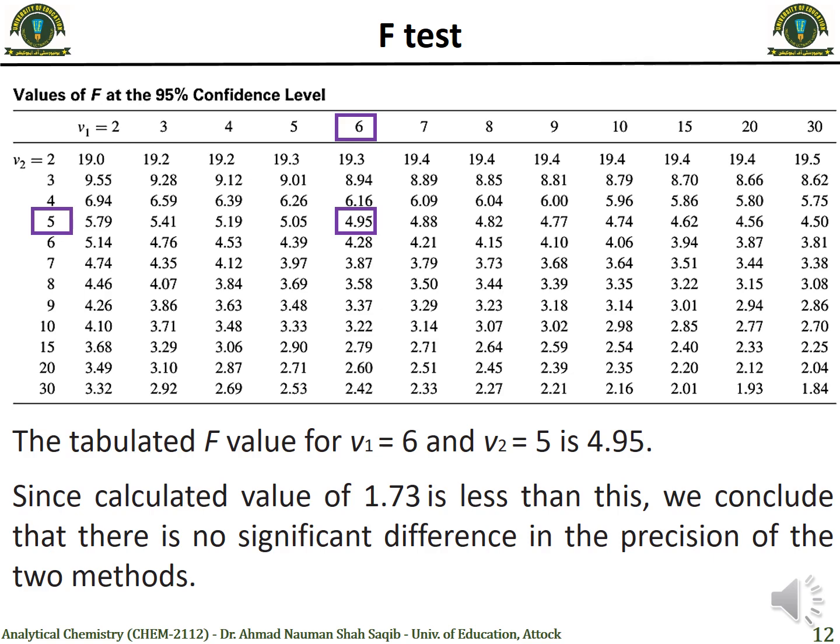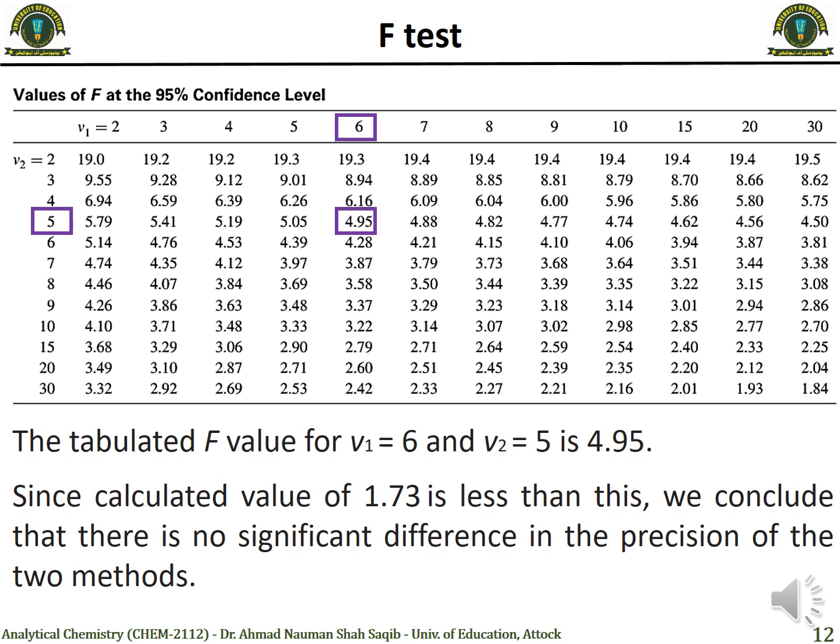So 4.95 is the tabulated value, and the calculated value, as we calculated in the previous slide, was 1.73. From this we know that the calculated value is less than the tabulated value, so we can conclude that there is no significant difference in the precision of these two methods.